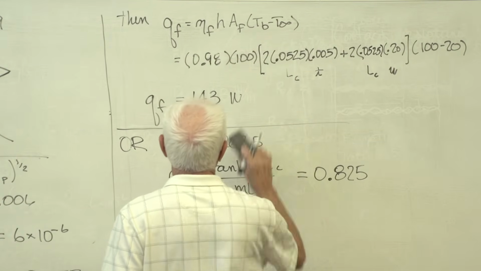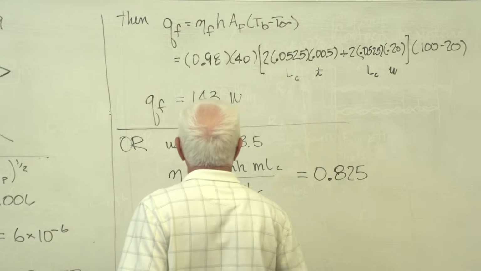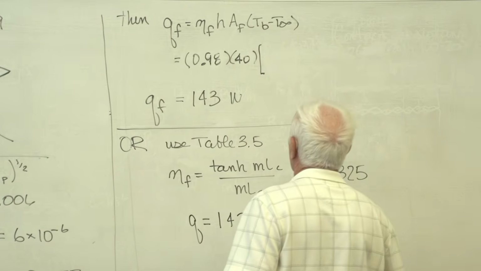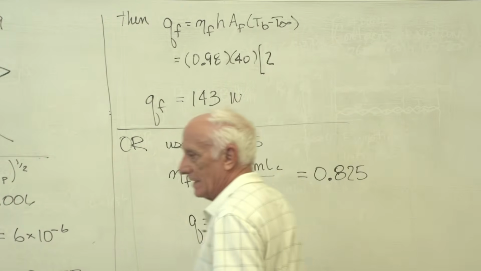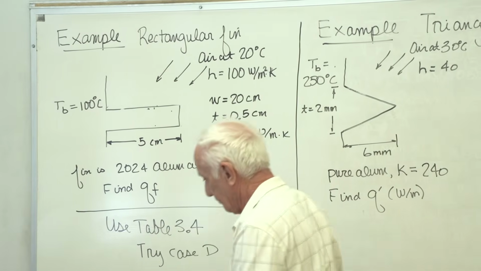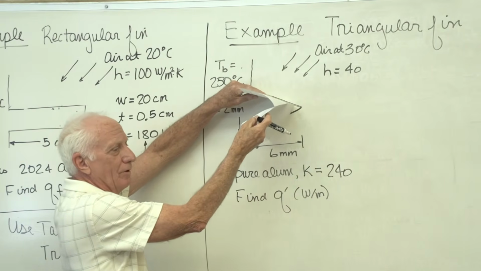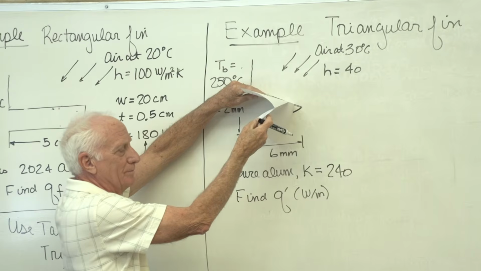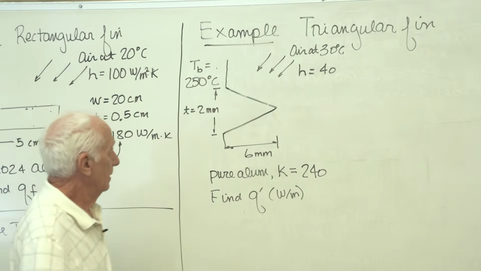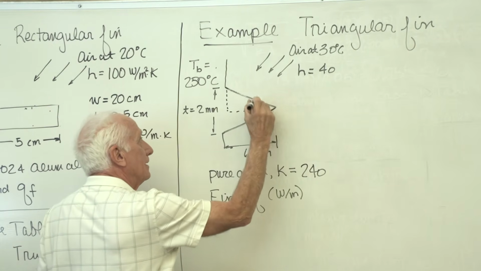H is 40. Now the area of the fin. 2, there's top and bottom. There it is, top and bottom. No, there's no tip. The tip area is 0. Okay, top and bottom. Here's a right triangle.